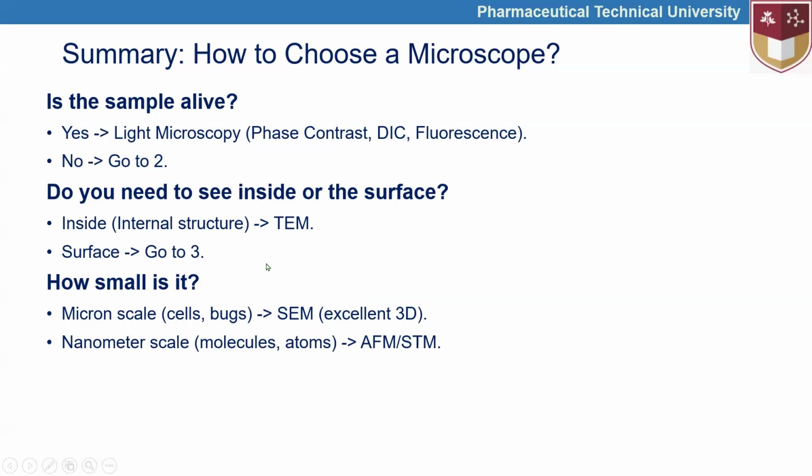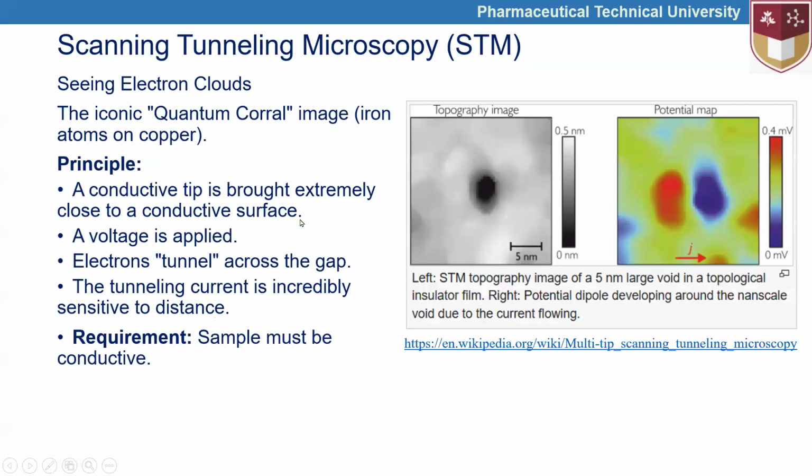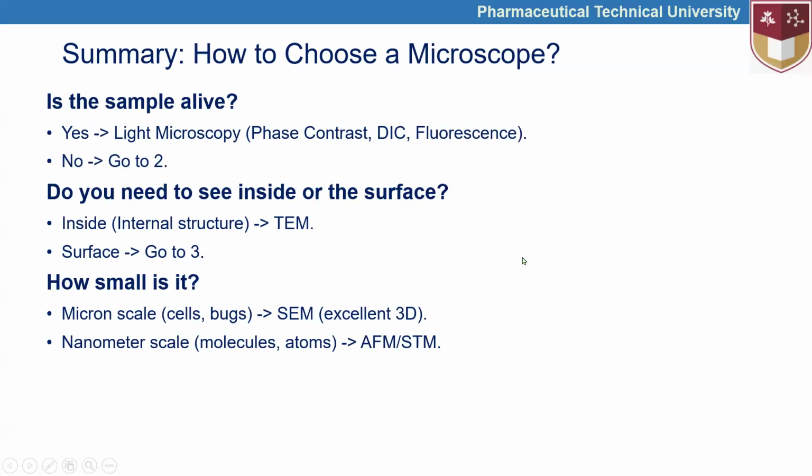If we want to see 3D structures at a micro size level, then we can use scanning electron microscopy, or for seeing objects at a nanometer scale, we can use atomic force microscopy or, as we talked about, scanning tunneling microscopy. So these are about microscopy.